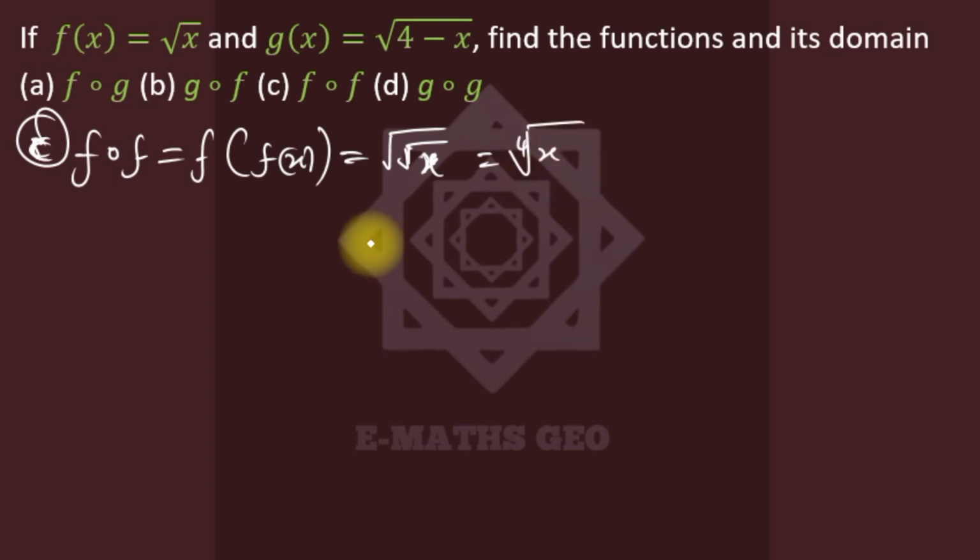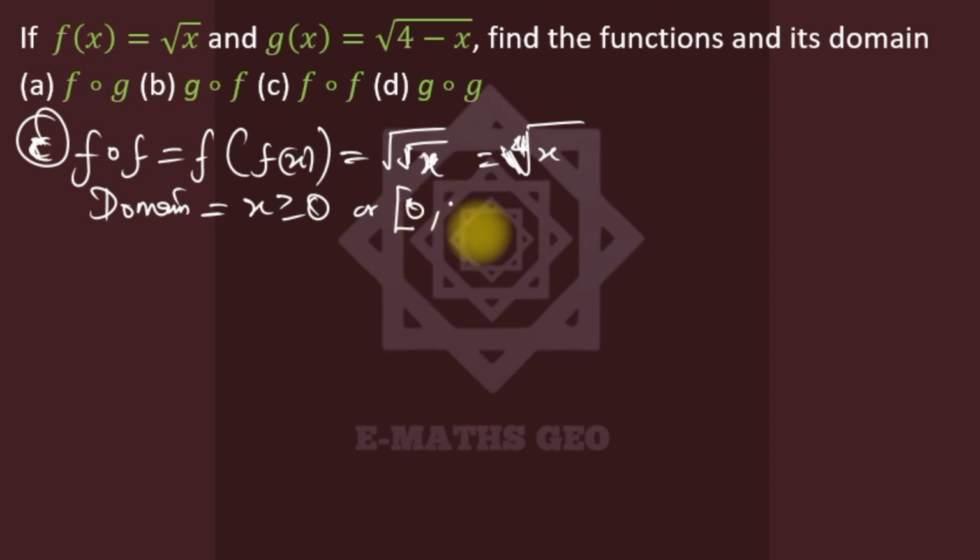That's the composite function. For the domain, x must be greater than or equal to 0. Writing in interval notation, 0 using the square bracket, infinity using the curved bracket.